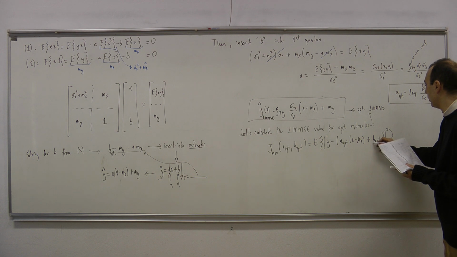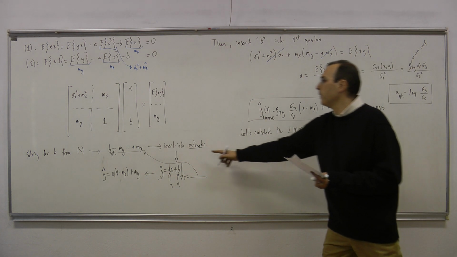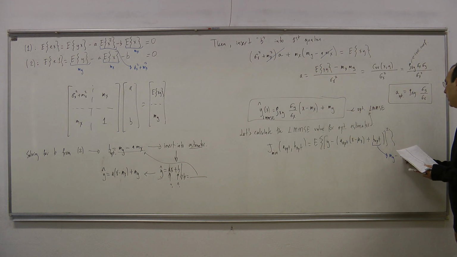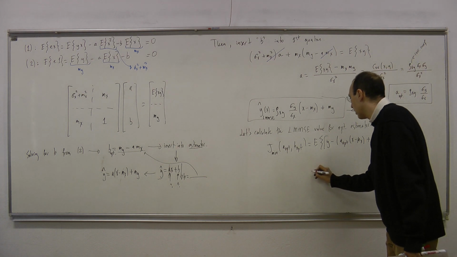What's B_OPT? B value is mu_y minus A mu_x. Am I right? So let me include that in this calculation.